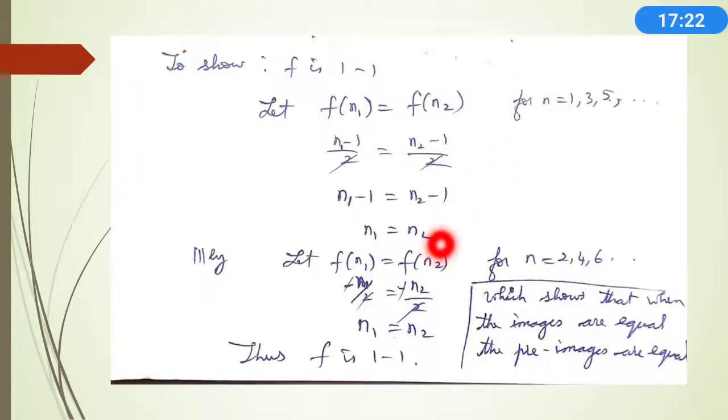If f of n1 is equal to f of n2, then (n1 minus 1)/2 is equal to (n2 minus 1)/2. So cancel 2, then take minus 1 to the other side, and I get n1 is equal to n2. Similarly, for the even case, it will be minus n1/2 is equal to minus n2/2. Again, if you cancel 2 and the minus, you will get n1 is equal to n2. Therefore, this f is what? 1 to 1.